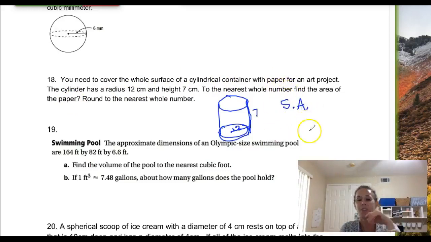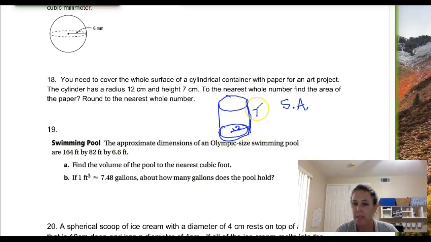All right, surface area. We're looking for surface area, so go back to the surface area of a cylinder. To get the surface area, you need the lateral area and then the two bases. To get the lateral area, you do the perimeter of the base times the height.